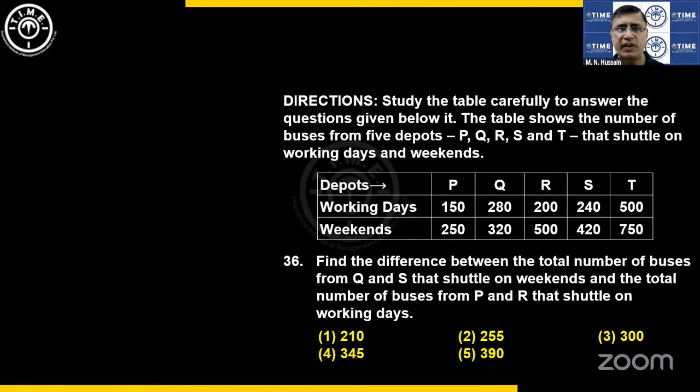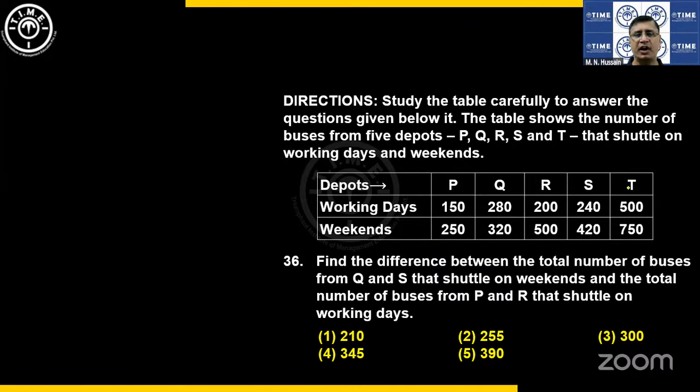Here directions are given. Study the table carefully to answer the questions given below. The table shows the number of buses from 5 depots, P, Q, R, S, and T, that shuttle on working days and weekends.